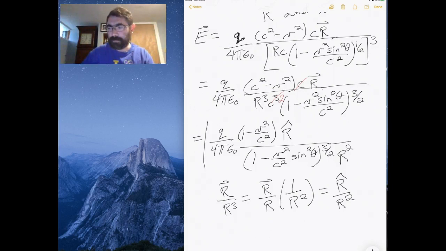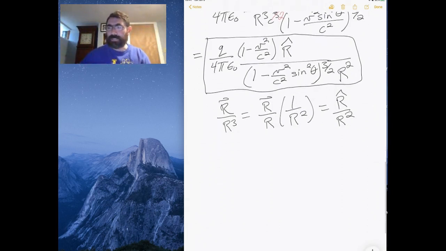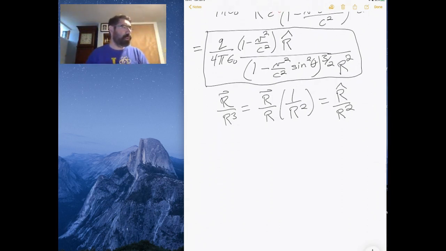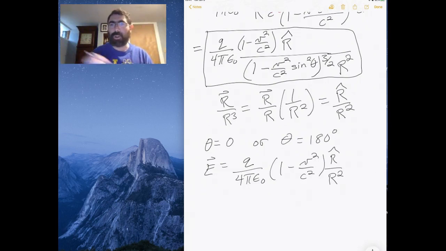But this right here is now a much cleaner looking form, which looks a lot more like Coulomb's law. It goes as 1 over r squared, and it's a little bit easier to work with, because if I take the case of theta equal to 0 or theta equal to 180, then the electric field is q over 4 pi epsilon naught, 1 minus v squared over c squared, r hat over r squared.